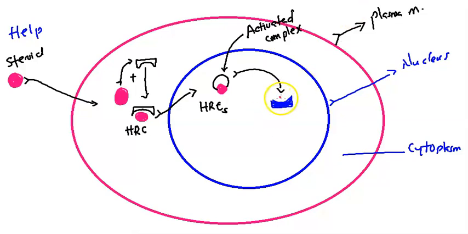Remember, our hormone is going to be inside, and here it's going to cross. Here we have the receptor, we have the hormone, and here we have the activated DNA at this point.